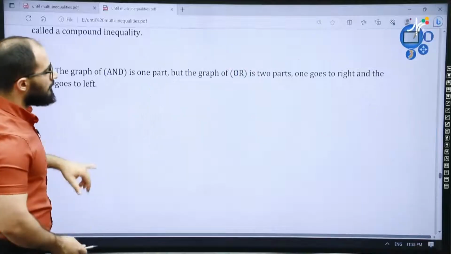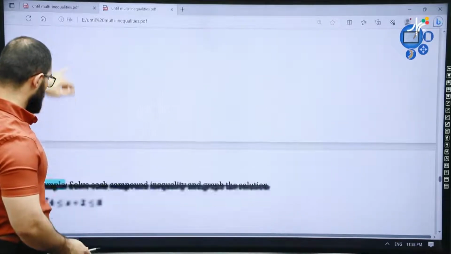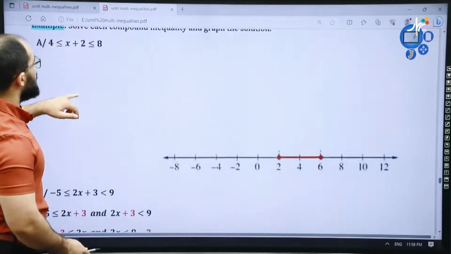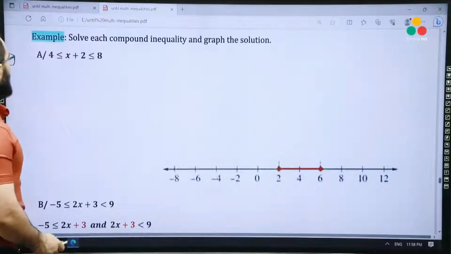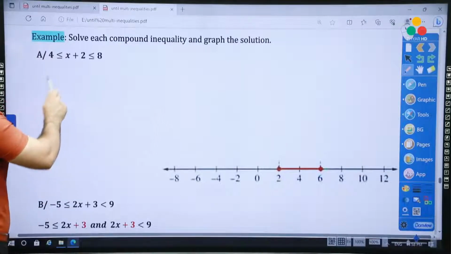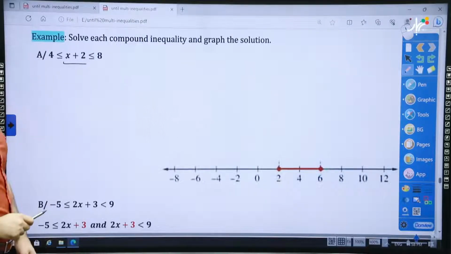So right now we have some examples about compound inequalities. The first example is x plus 2 less than or equal to 8 and greater than or equal to 4.